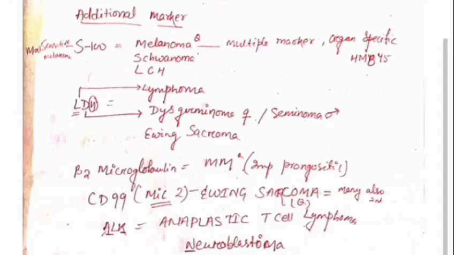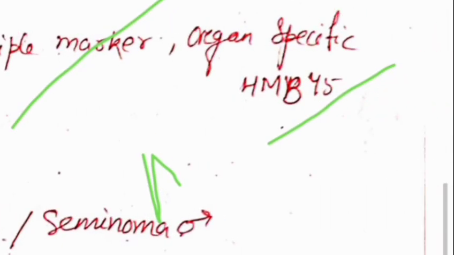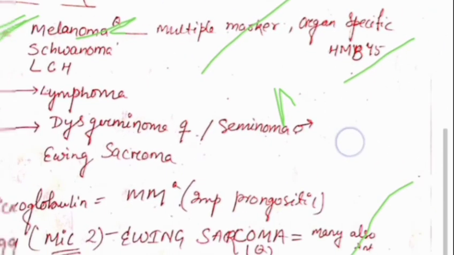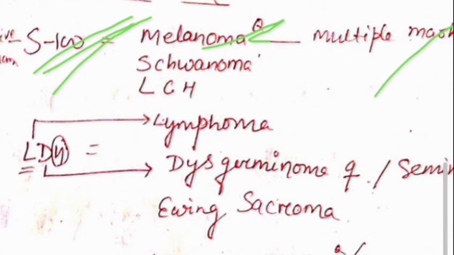Now what additional markers should we remember? That is S100. It is a very commonly asked question nowadays that S100 is the most sensitive marker for melanoma. Melanoma means skin-related malignancy. Melanoma has multiple markers such as HMB45, which is also a good marker for melanoma, but S100 is a very sensitive marker for melanoma.